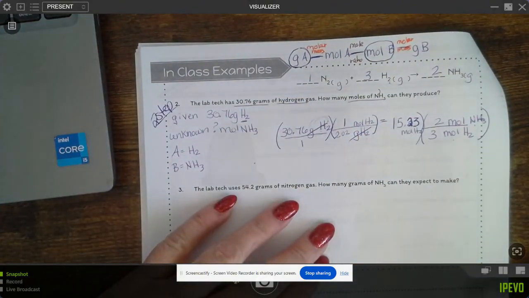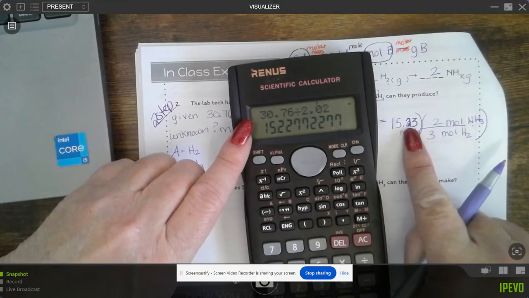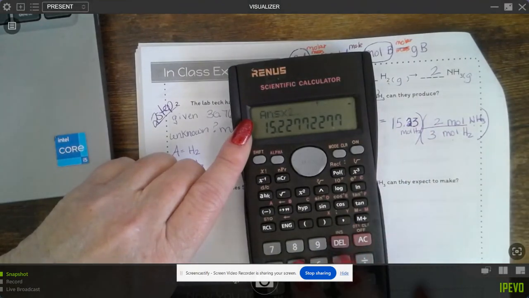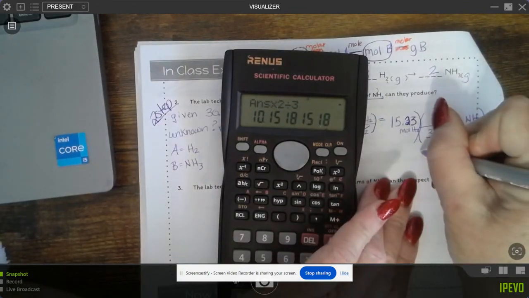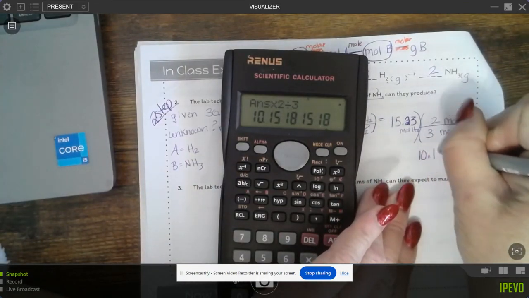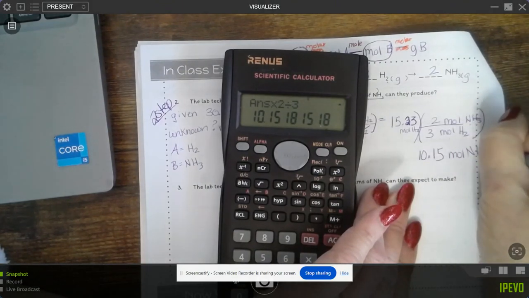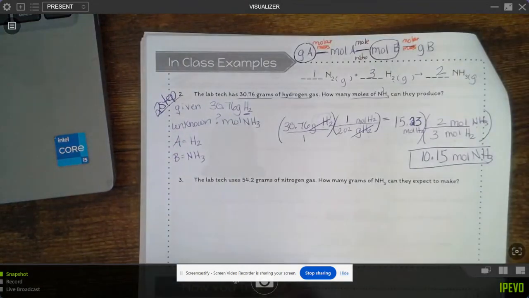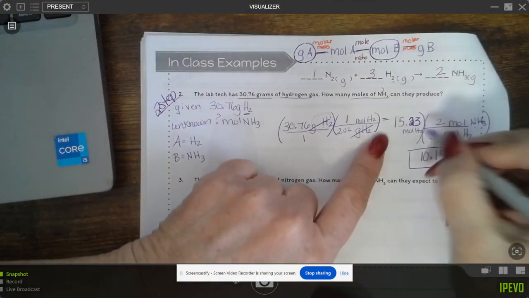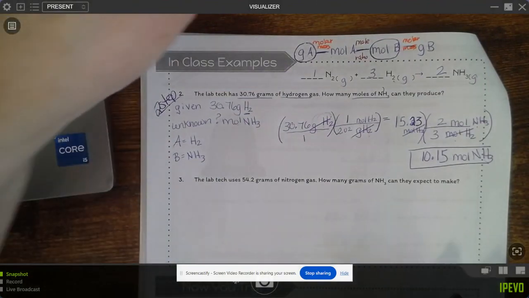NH3 is ammonia. So now I've got my 15.23. I'm going to times 2 divided by 3, which is equal to 10.15 moles of NH3. And there's our answer. And just to double check, moles of hydrogen cancel out. So that was a 2-step problem.